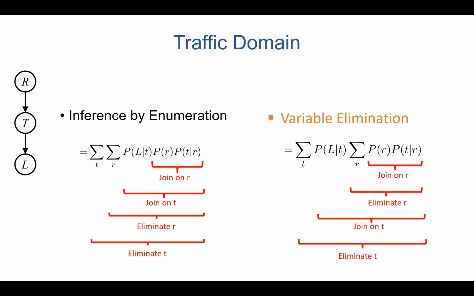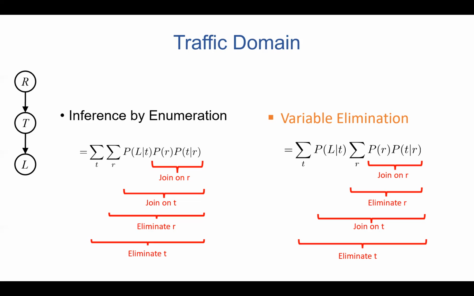So we just have to interleave the join and eliminate operations. This way, you can get much smaller conditional probability tables along the way. And by the end, you'll only be left with a really, really small table instead of a really big giant distribution.